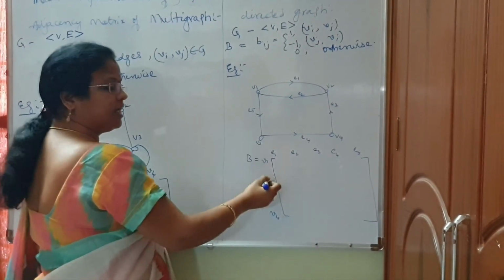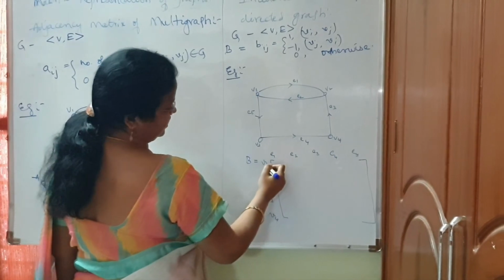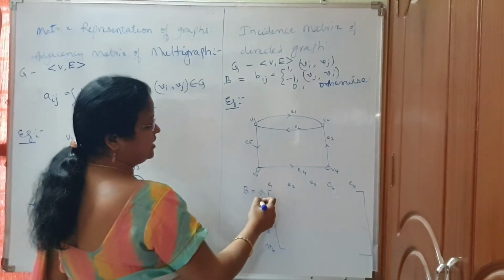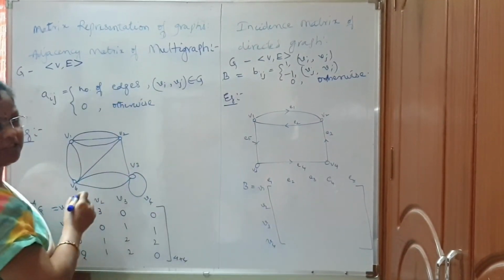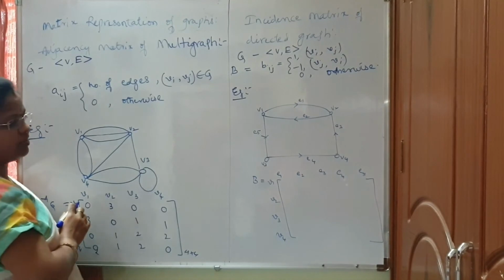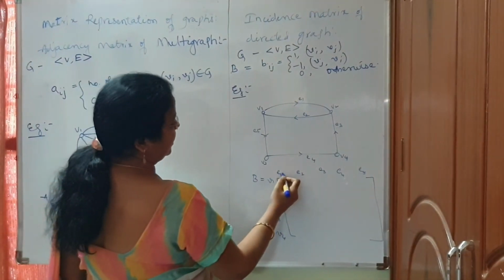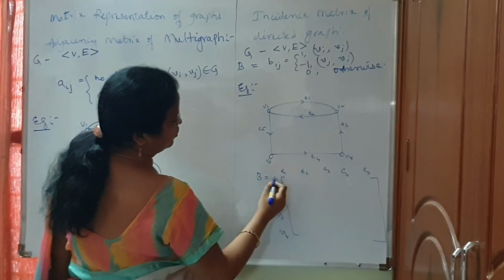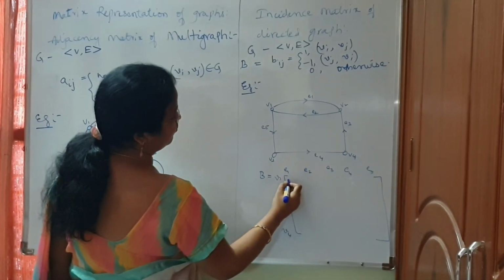Here we consider edges and vertices. This matrix represents the relation of vertices with edges, whereas for the adjacency matrix we write the relations between vertices and vertices.